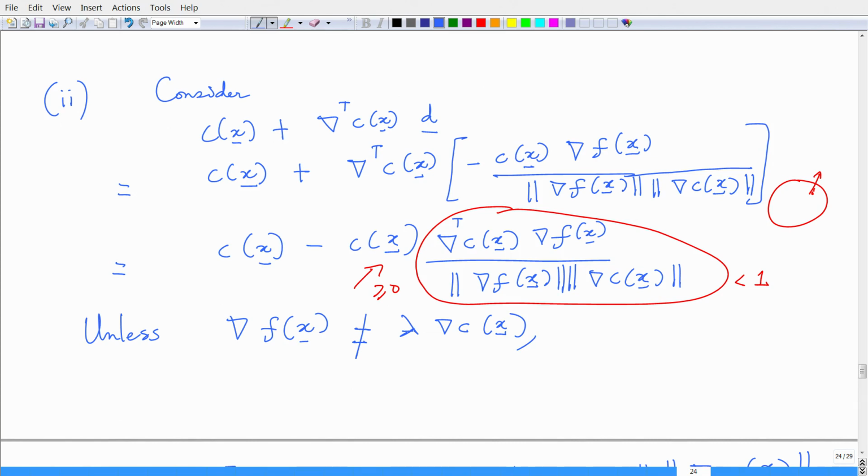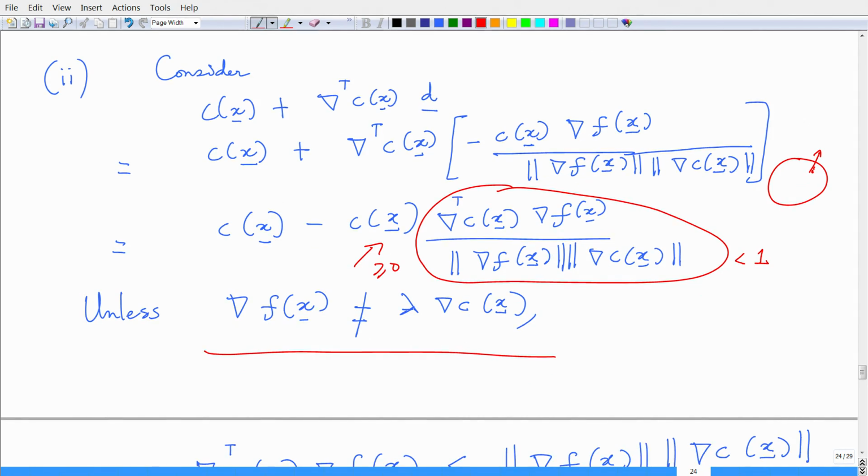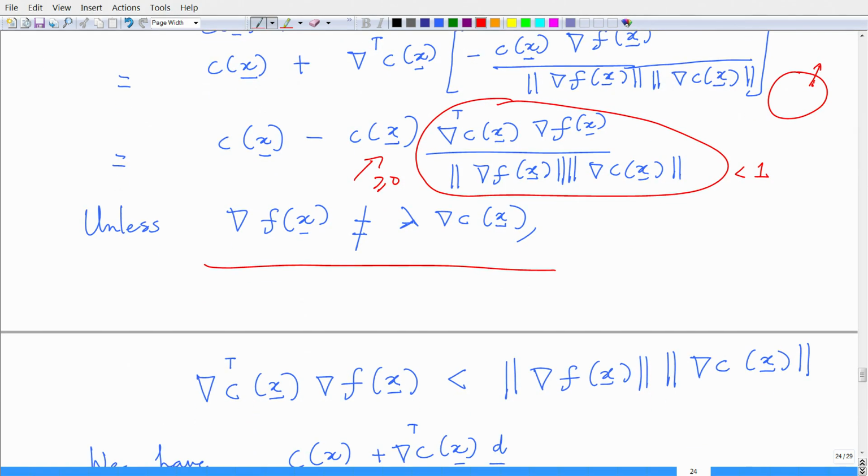I have this quantity, del C transposed del f upon norm del f times norm del C, and this quantity is strictly less than 1 unless del f is equal to del C, otherwise it is strictly less than 1.